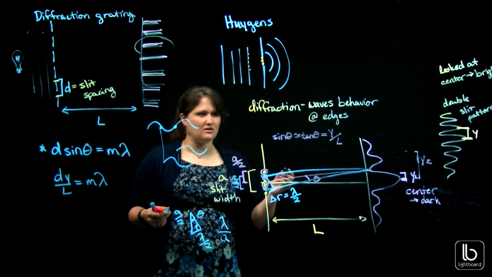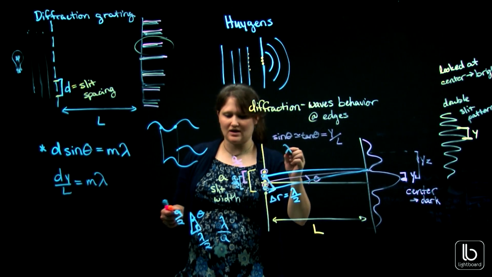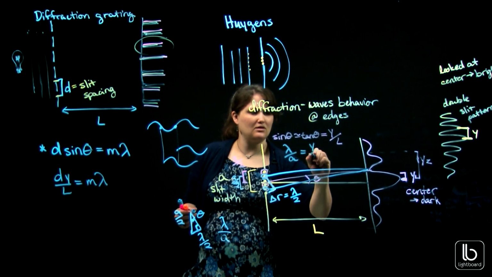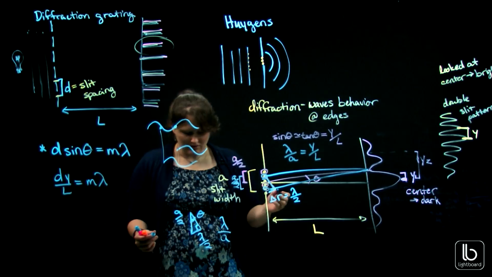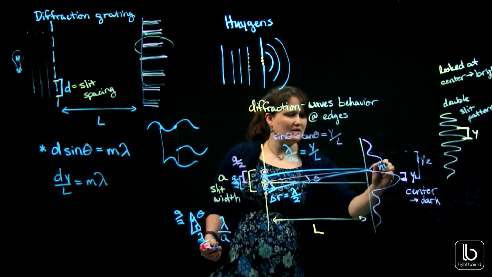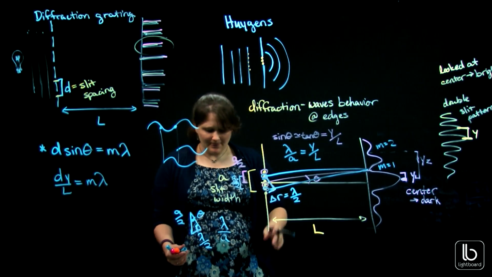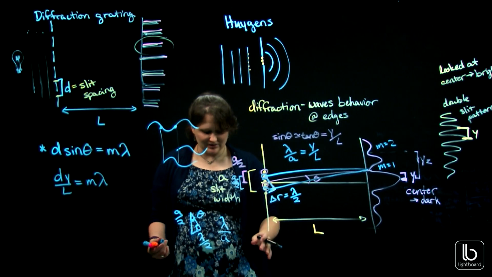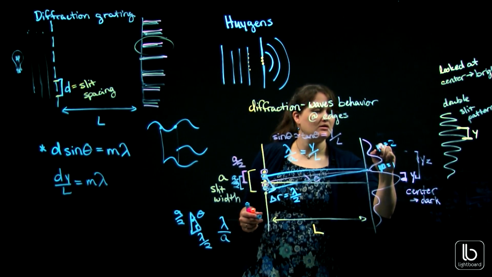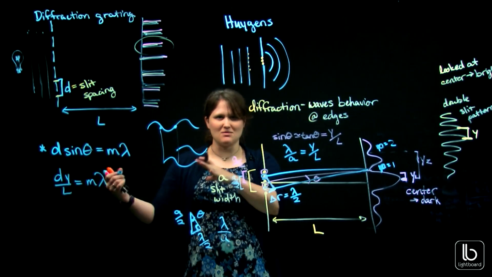And so what we can say is lambda over a equals y over L, or if we want to start talking about it in terms of this is m equals 1, this is m equals 2, and so forth, let's go ahead and use P. Your book uses P. And again, P is just a counter, kind of like M has been a counter.